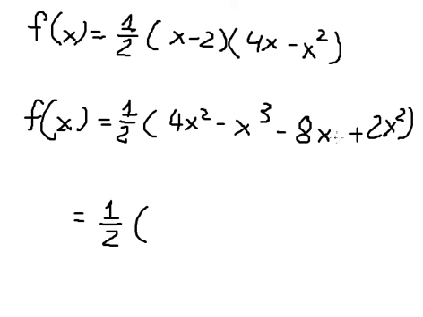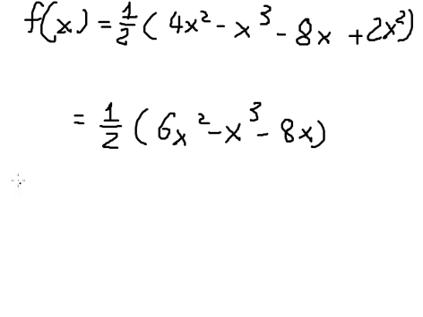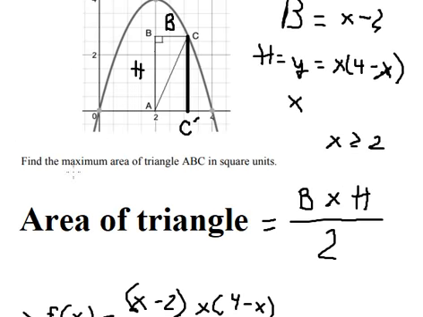So for x squared plus 2x squared, we have 6x squared minus x to the power of 3 minus 8x. Next, we need to first do the derivative of the function, because we want to find the critical point to find the maximum area of the triangle.